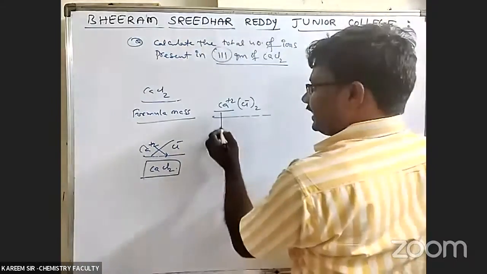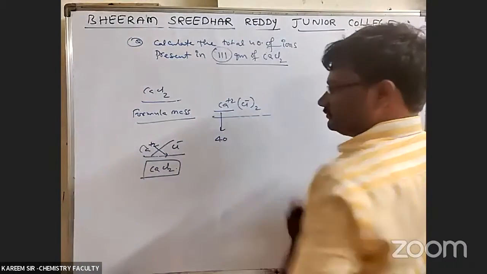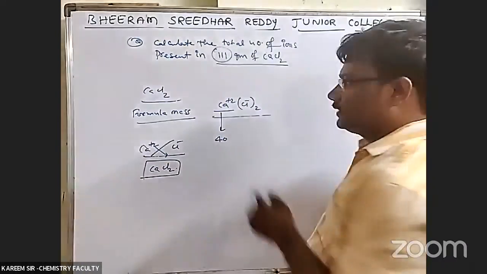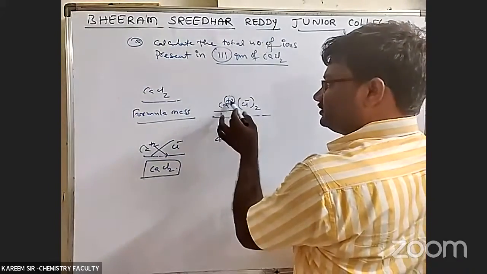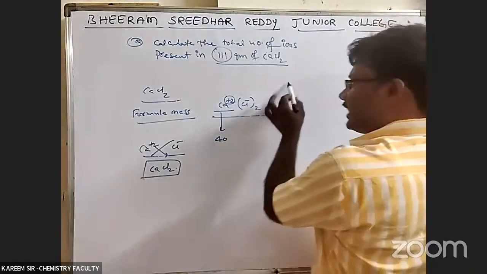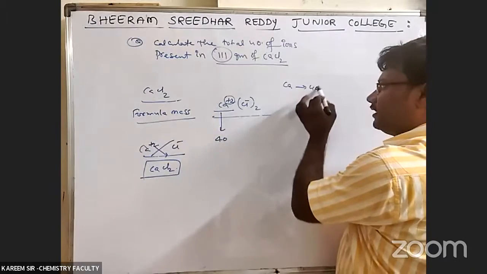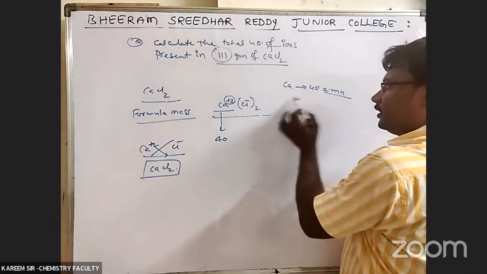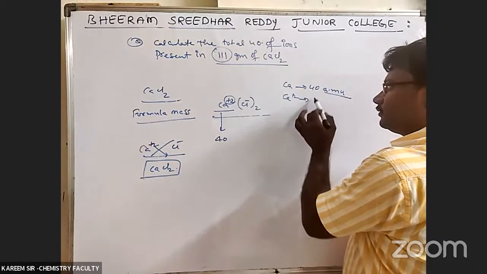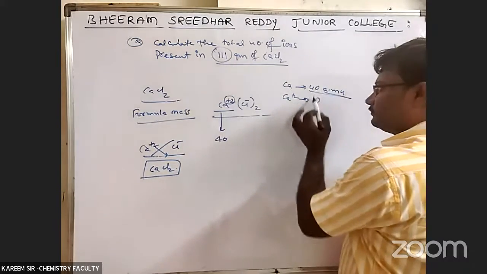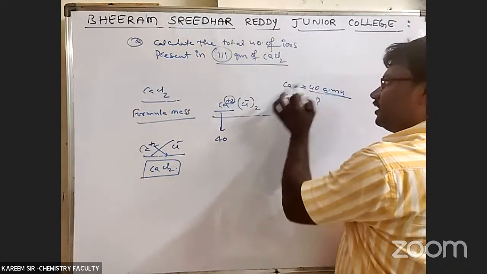So one calcium is 40. Sir, is there any difference for the charge? Calcium means 40 amu. For Ca plus 2, is there any difference or is it the same?